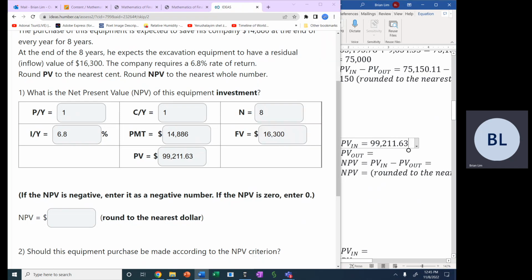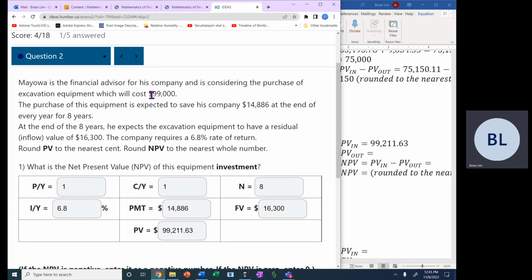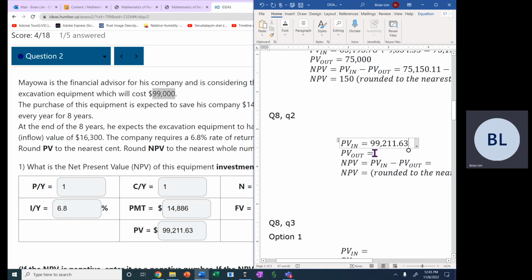It's the cost of the equipment as before. In this case, the cost is $99,000. So the PV out would be 99,000. Now in minus out, it seems as though we will have a positive value in this case.